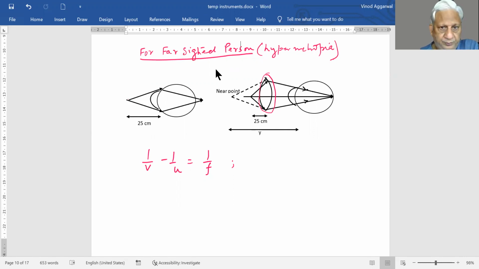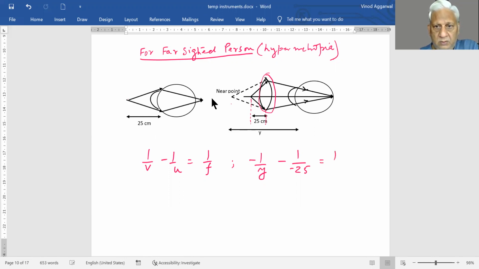So what happens is v, the image, is formed on the same side of the lens, so it becomes minus y. This is where the object is to be placed. If the object is placed at this distance, we want the image to be formed here.